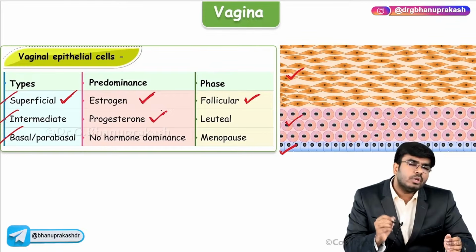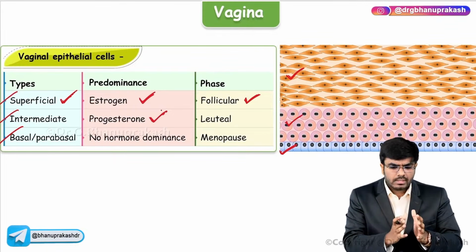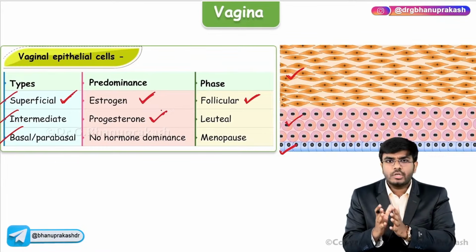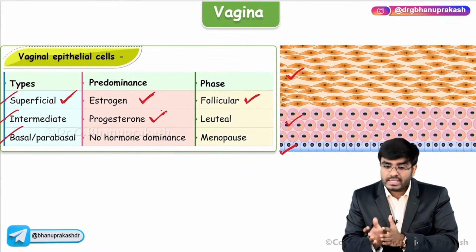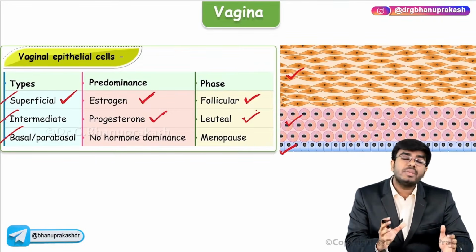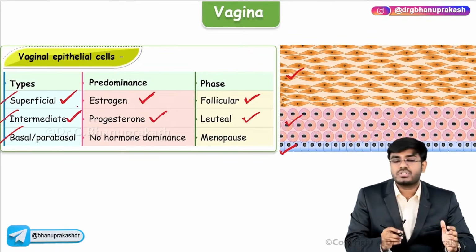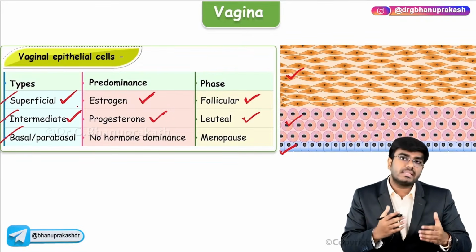And my question is, during which phase of the menstrual cycle will there be more progesterone? Progesterone is made by the corpus luteum. So during the luteal phase of the menstrual cycle, the corpus luteum is making more progesterone, and under the influence of progesterone, there will be more intermediary cells.